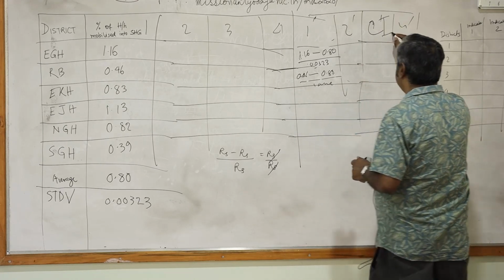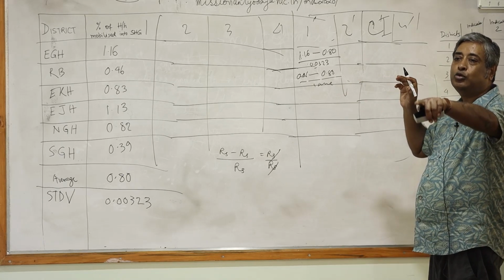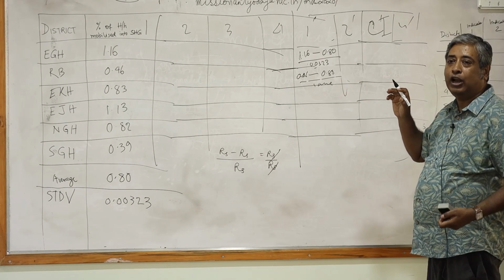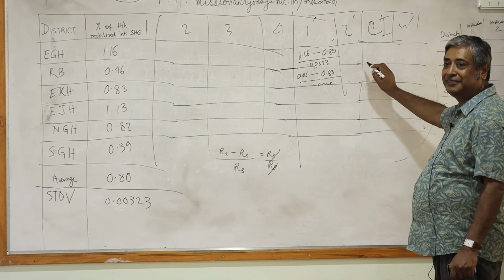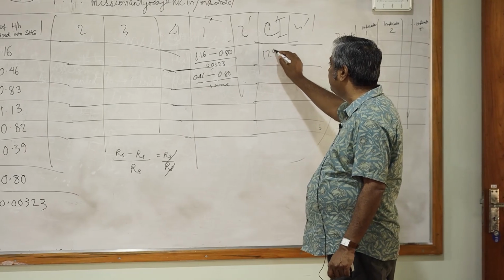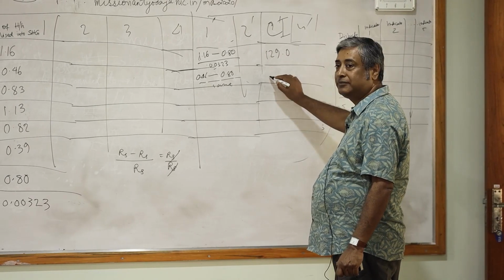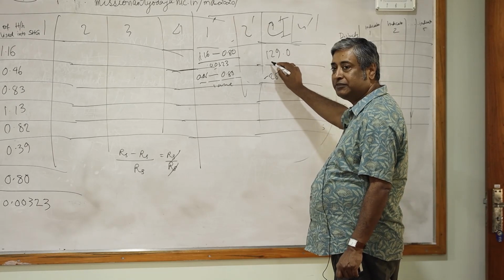Composite index. Why don't you tell me what is the composite? Team 2. Tell me the values. 129.0. Next. First one was positive.